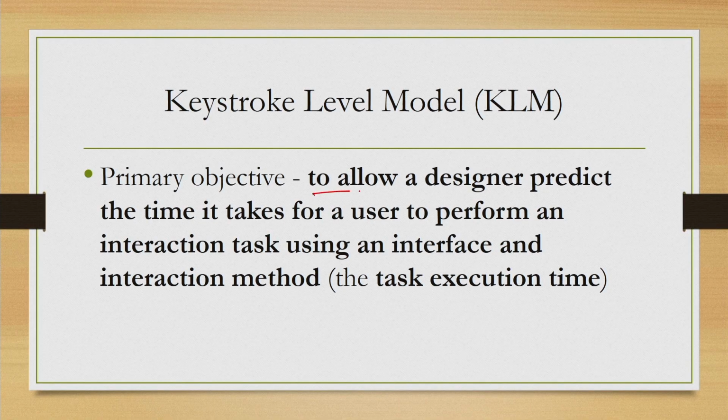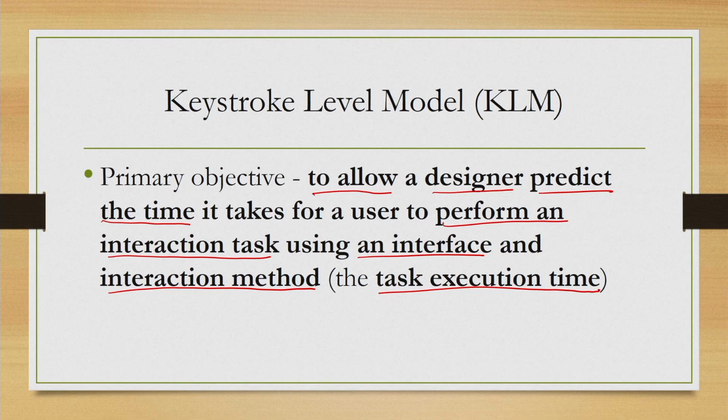In the case of KLM, the primary objective is to allow a designer to predict the time it takes for a user to perform an interaction task using an interface and an interaction method. In other words, it allows the designer to predict task execution time.